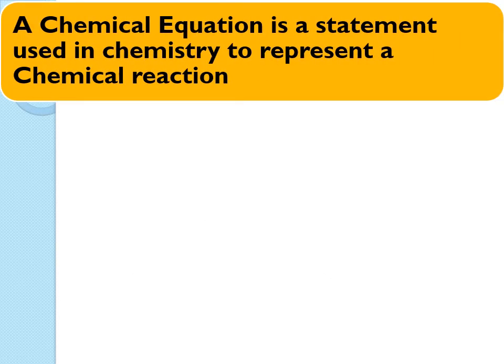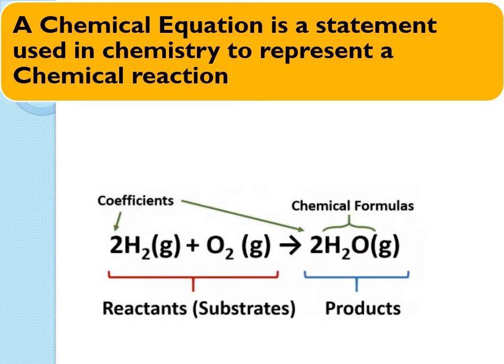A chemical equation is a statement used in chemistry to represent a chemical reaction. Like this, you can see in this representation, reactants and products are separated with the help of arrow. All participating entities are represented by their chemical formulas. Physical state is also shown along with.